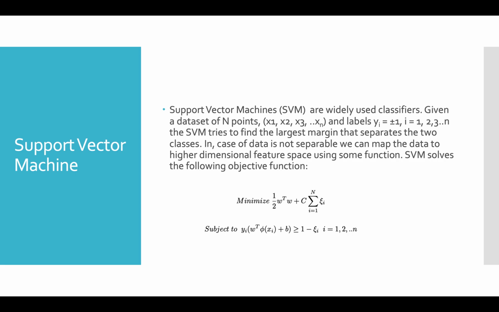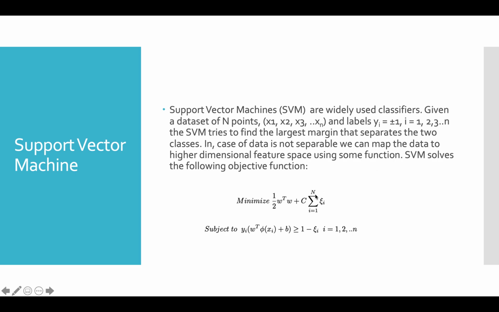That's why the support vector machine is sometimes also called the large margin classifier. In some cases the data is not linearly separable. In that case we map it to a higher dimensional space using some embedding function. The embedding function can be a polynomial embedding, or it can be an exponential embedding.